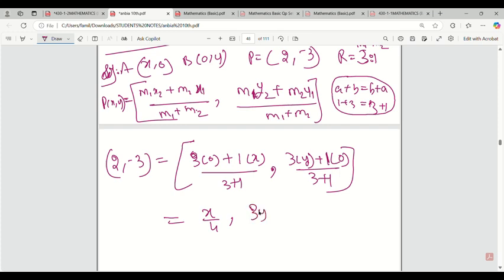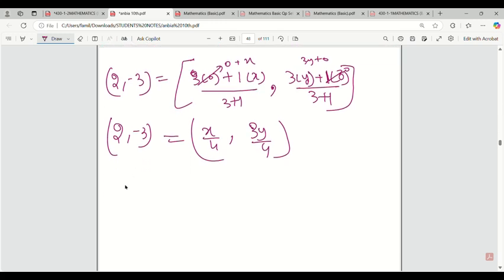What will we get? X by 4 comma 3y by 4. Okay, because this will get 0, this will also get 0. So x plus 0, 3y plus 0, and 3 plus 1, I hope you know that is 2 comma minus.